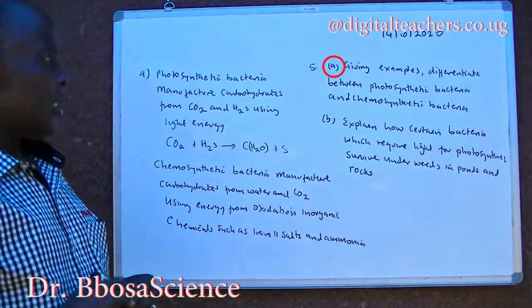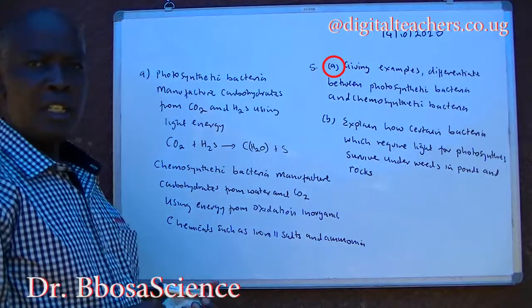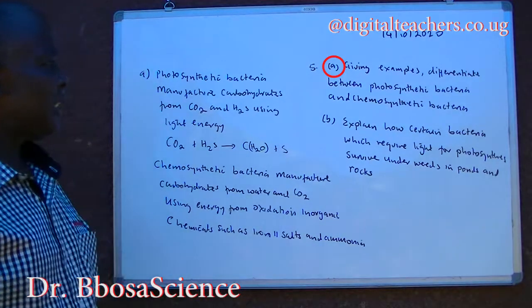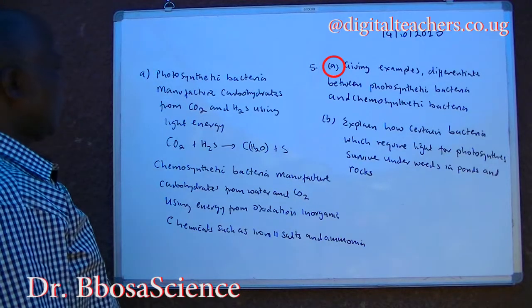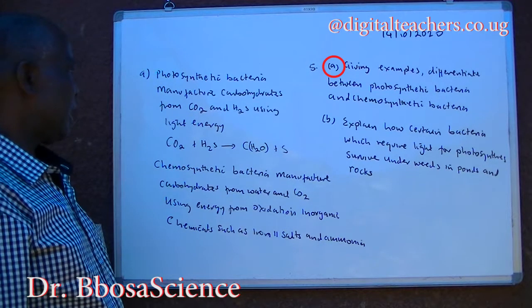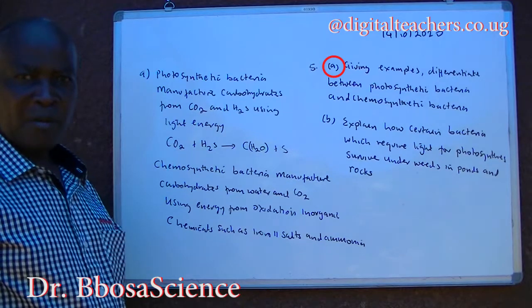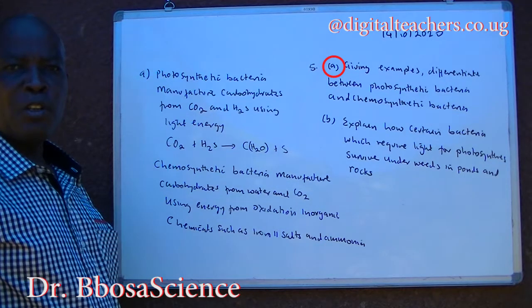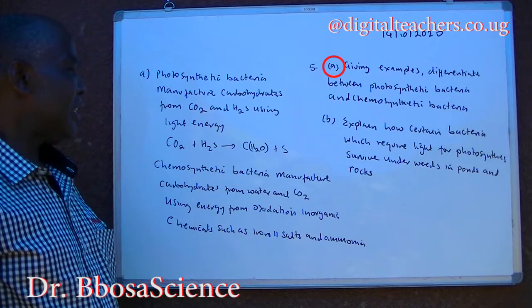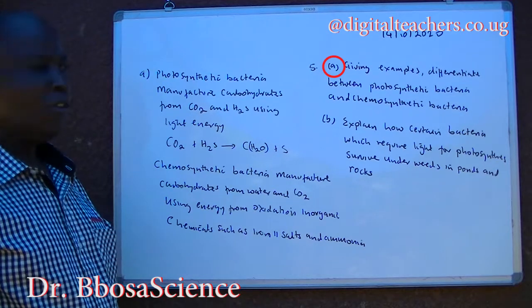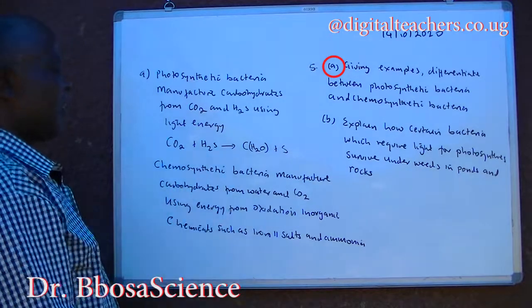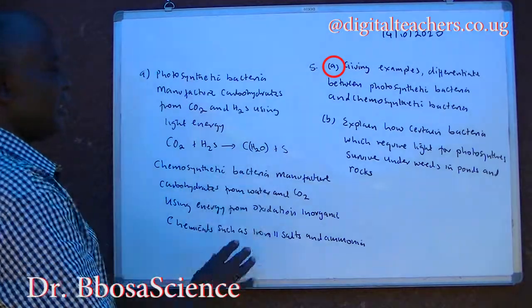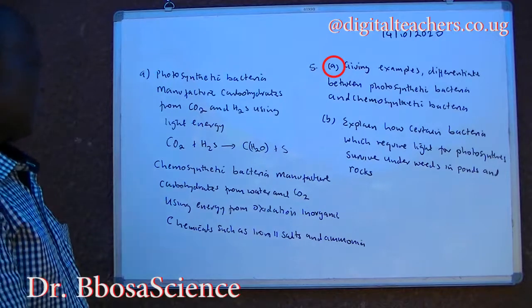5a. Giving examples, differentiate between photosynthetic bacteria and chemosynthetic bacteria. Photosynthetic bacteria manufacture carbohydrates from carbon dioxide and hydrogen sulfide using energy from light. Carbon dioxide plus hydrogen sulfide, you get carbohydrate plus sulfur.